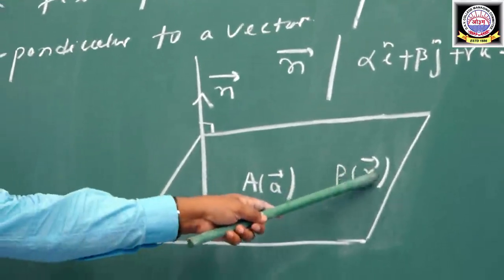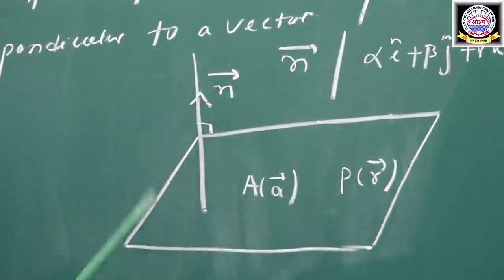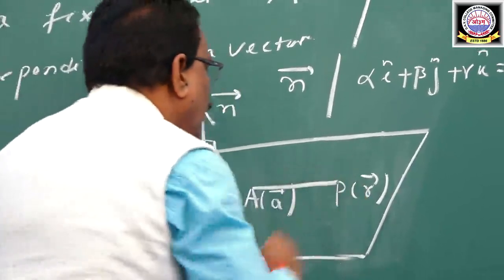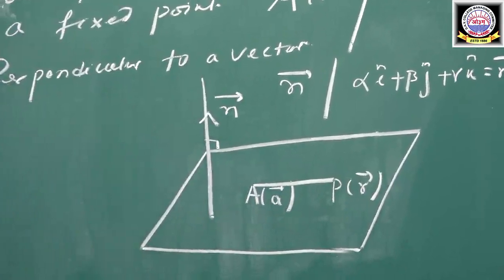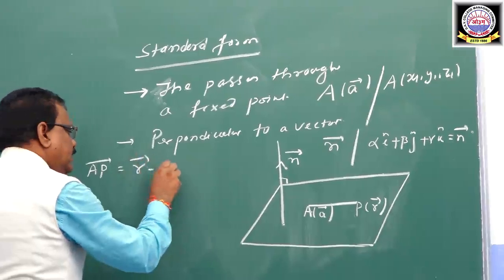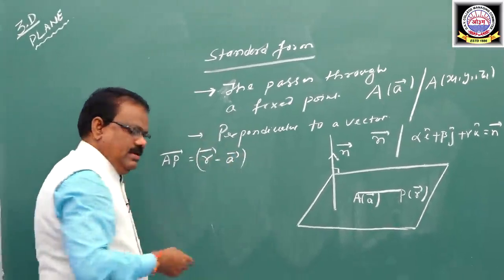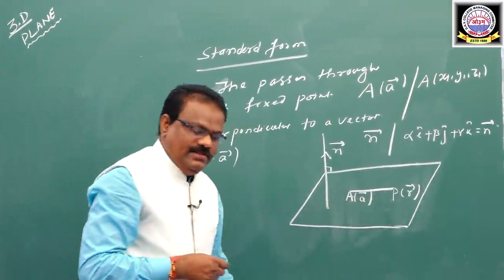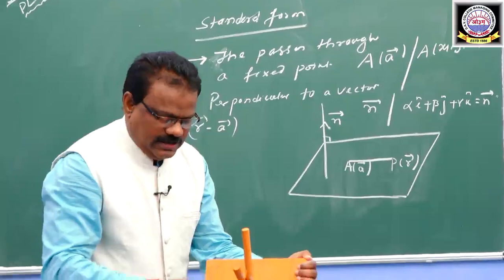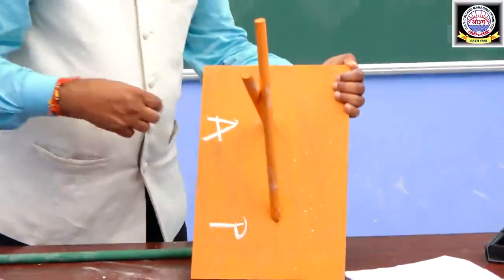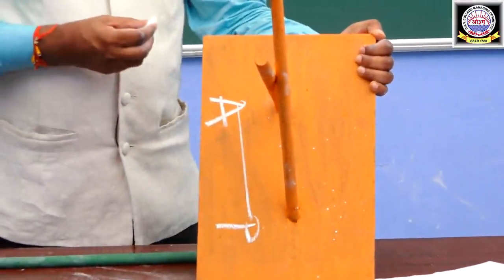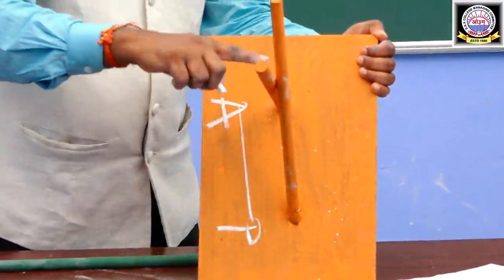P is the locus point, and n vector is perpendicular to it. If I join these two, what will I get here? AP vector is equal to r vector minus a vector. And AP vector is on the plane. Say, suppose A is here and P is here on the plane. If I join, then the AP vector is on the plane and this vector is your n vector.